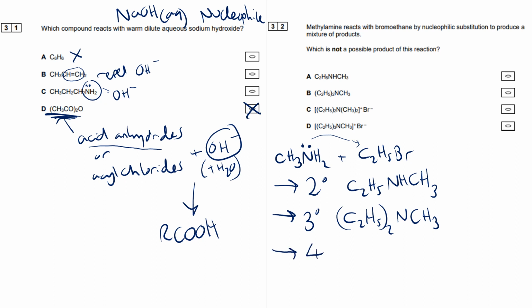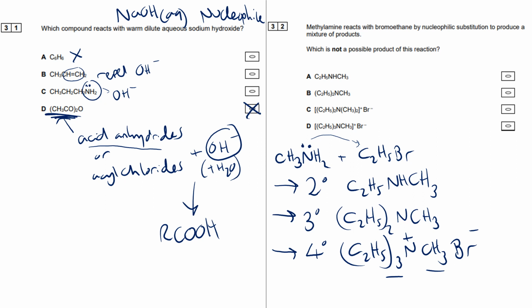You will get a quaternary ammonium salt with the overall formula. So an extra ethyl group is joined on. So that will make the nitrogen positive, it's just formed a coordinate bond to C2H5. The bromide will be there. So you'll have triethyl methyl ammonium bromide.